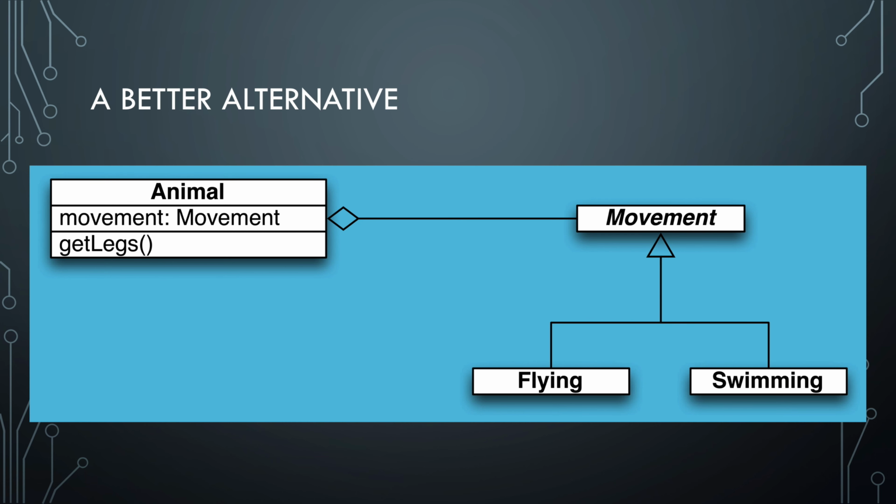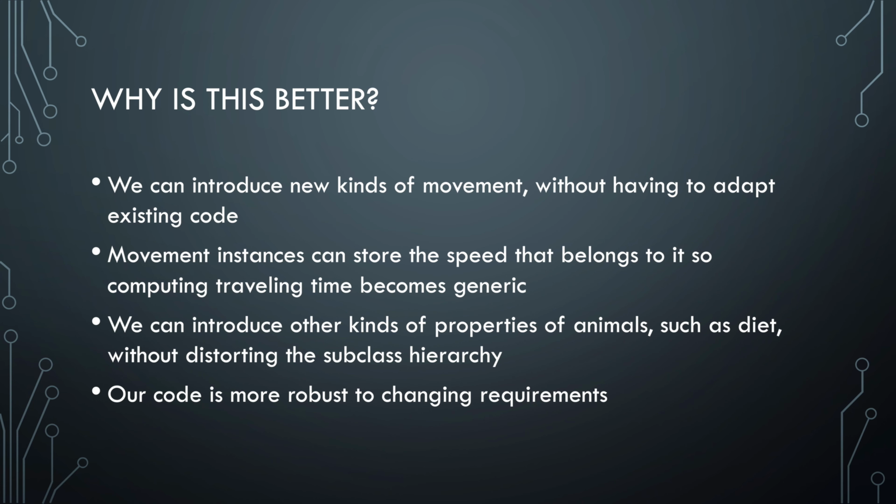Here's a better alternative. We add a type called movement and store an attribute of that type. Then there are subclasses of movement: flying, swimming, and so on. Now, why is this better? We extracted movement out of the animal class.